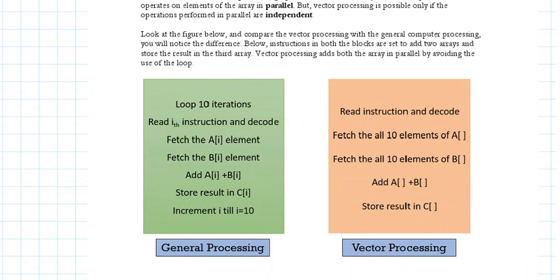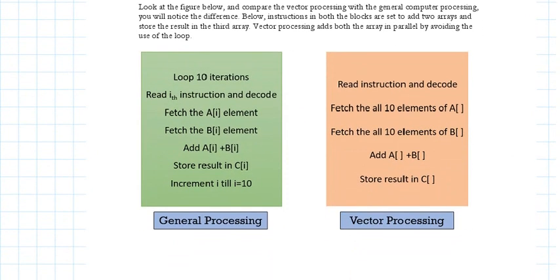Just look at this figure. If you have a loop of 10 iterations, then in the general processing procedure, or if I talk more technically, if you use a SISD processor, then at a particular iteration instance, the ith instruction will be read and decoded. That means fetching the Ai element and the Bi element will happen.